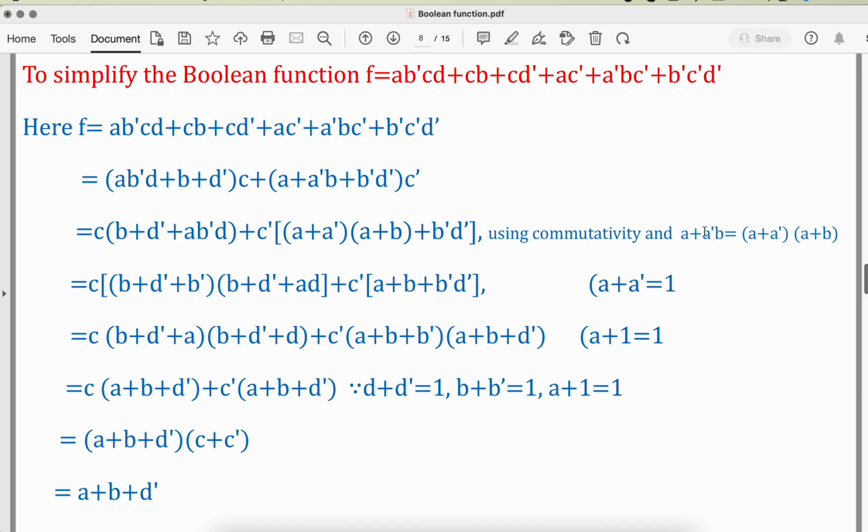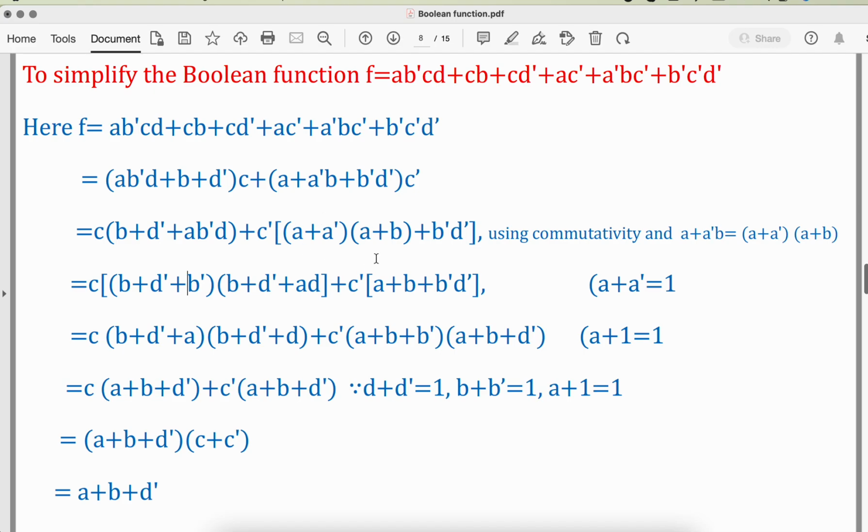So b' is one term, and (b + d') into ad, where I have regarded b + d' as one term. Also a + a' is 1.